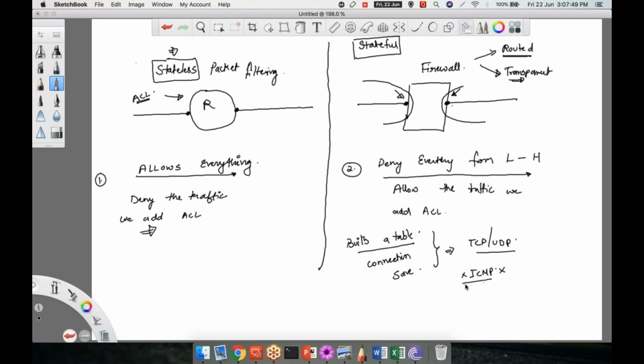No, no, no. It will not work with the ICMP protocol. Now, how many entries can there be in a particular firewall? The answer is still, it depends from device to device. The high-end firewalls would have more connection table entries, according to the licenses also, which we're going to talk about.